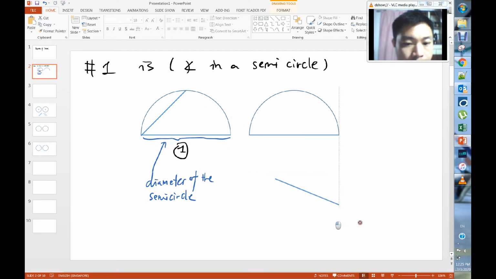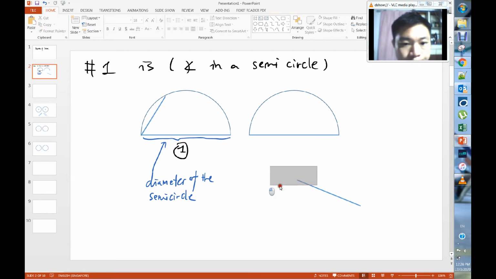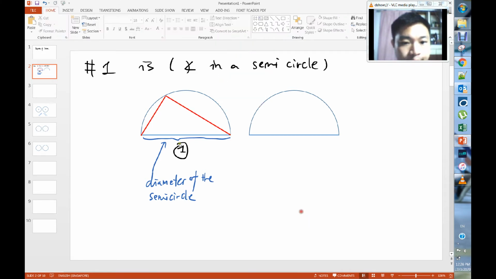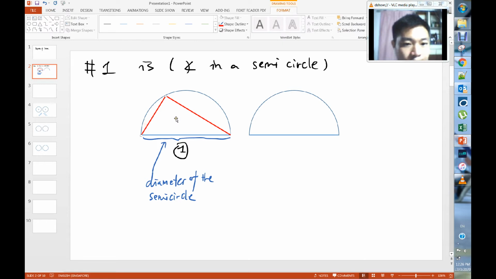The point here is, if you were to form a triangle inside this semicircle, these two lines which you are going to connect, let me change the color so you can see it better. Let me use a red color here. You have line one here, and then you have another line here. These two lines should meet at one point on the circumference.